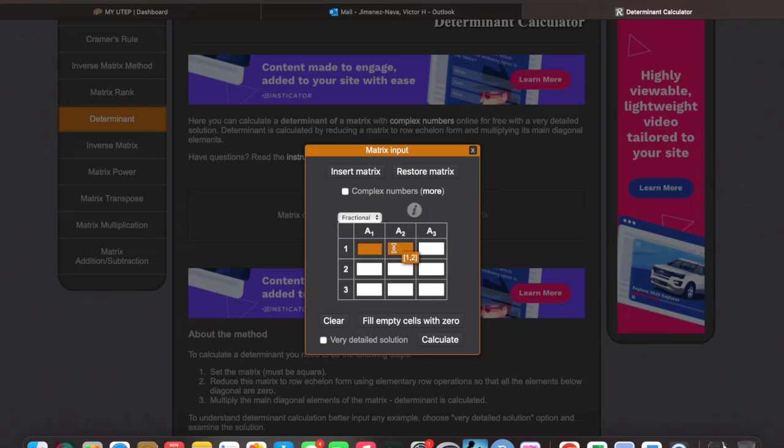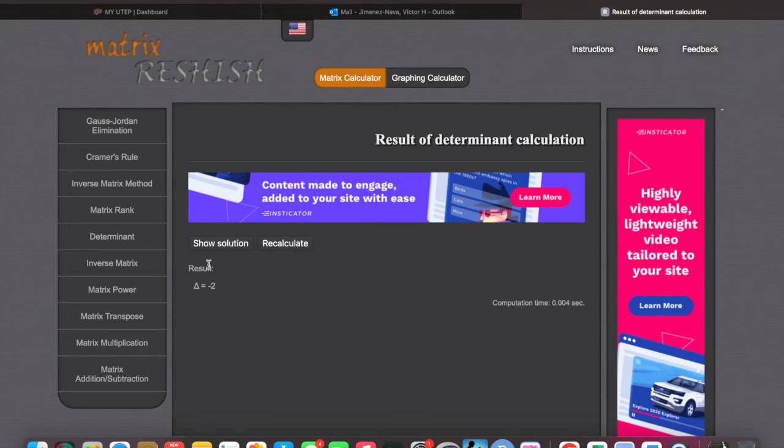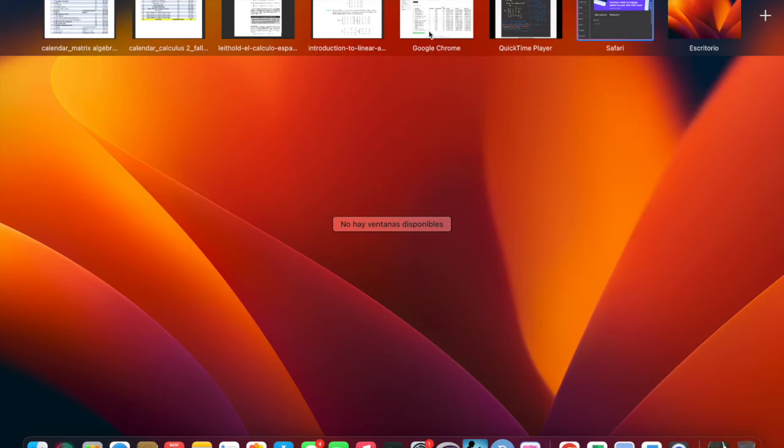Negative 1, 0, negative 2. 3, negative 1, 1. 2, 0, 2. We calculate this. Negative 2.